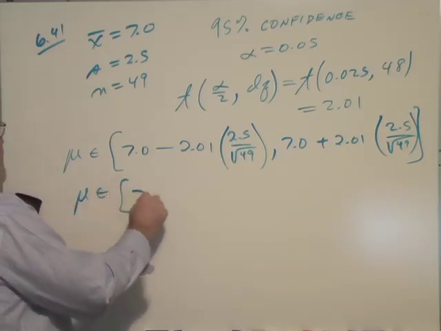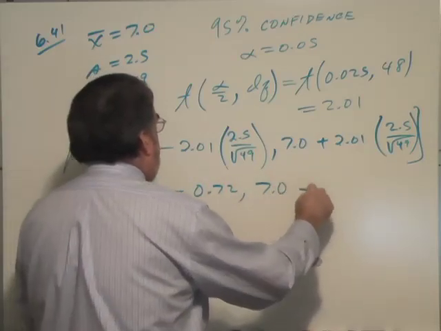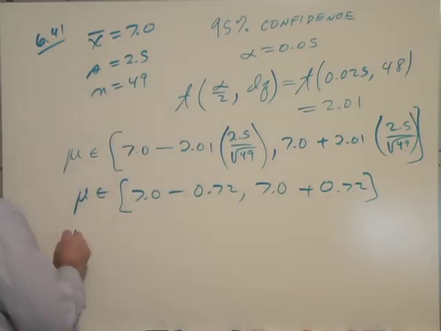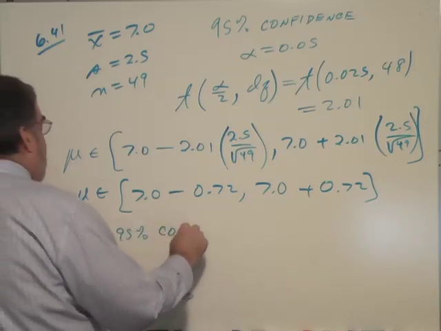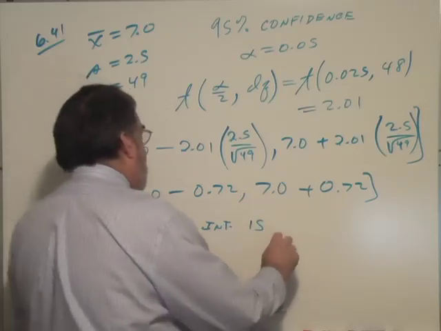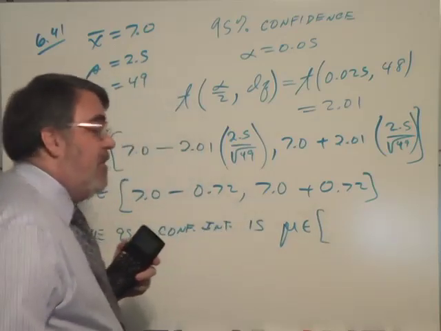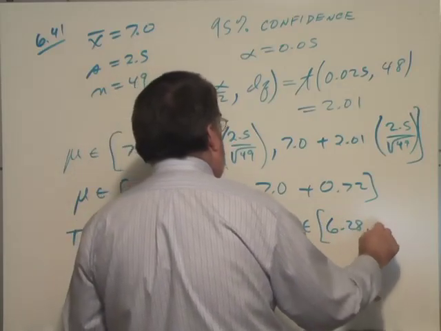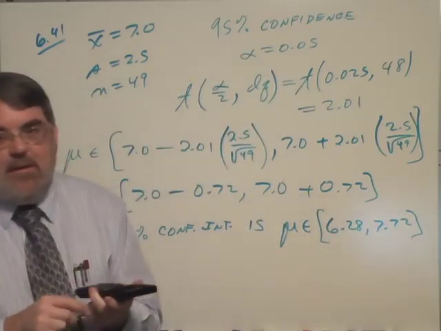So our margin of error is 0.72, which means that the 95% confidence interval is mu belongs to the range of values from 6.28 up to 7.72. All right, so there's our calculation.